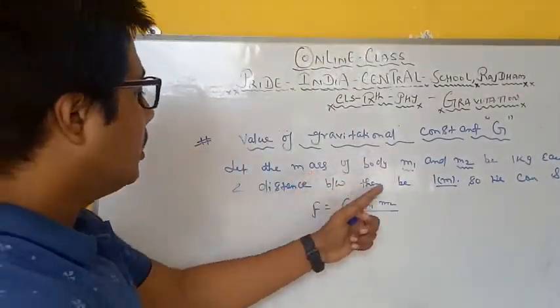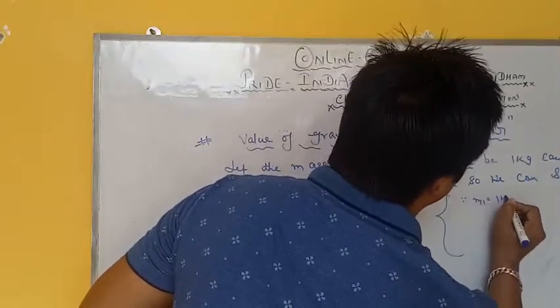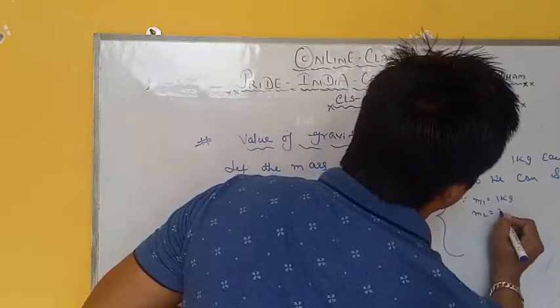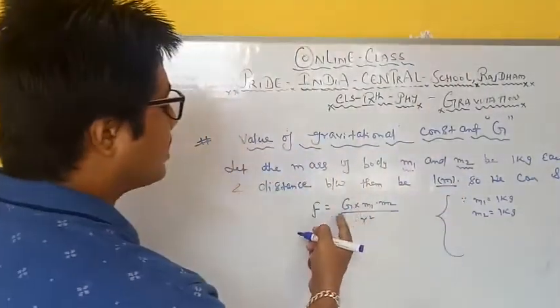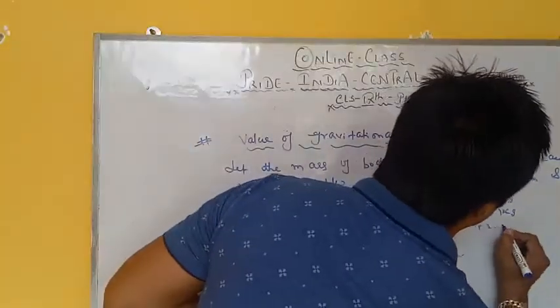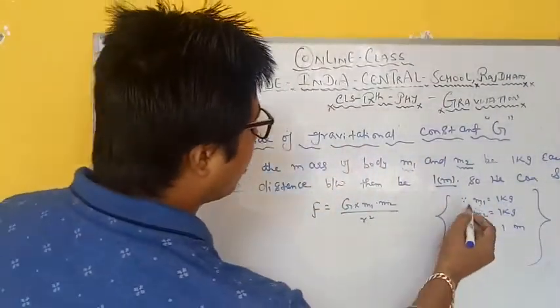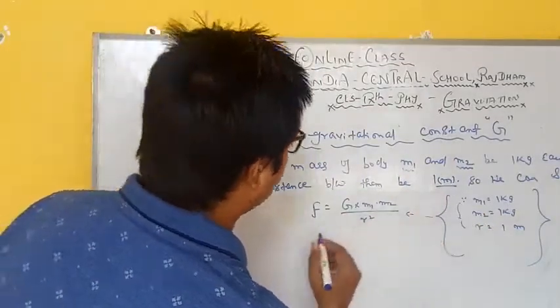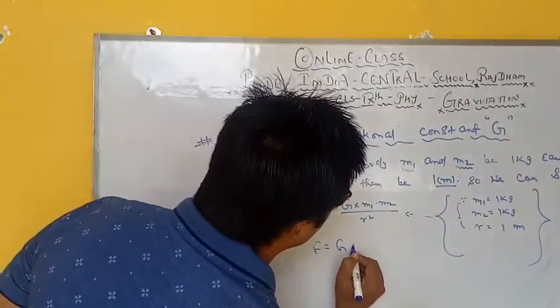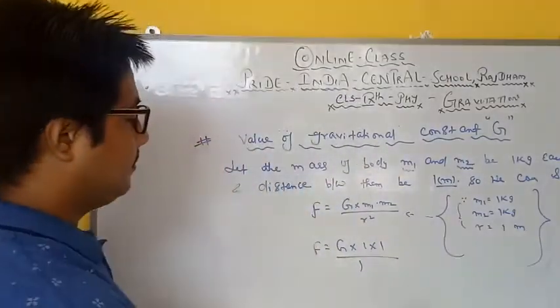So now what we know? M1 is nothing but 1 kg, M2 is also nothing but 1 kg, R is nothing but 1 meter. Okay, so putting all these values here, F is equal to G into 1 divided by 1.